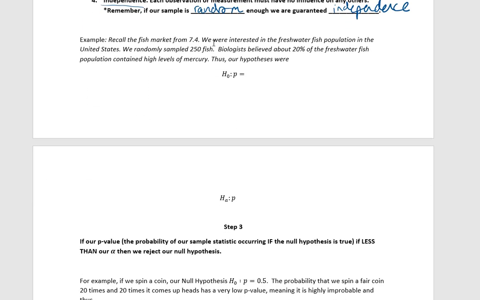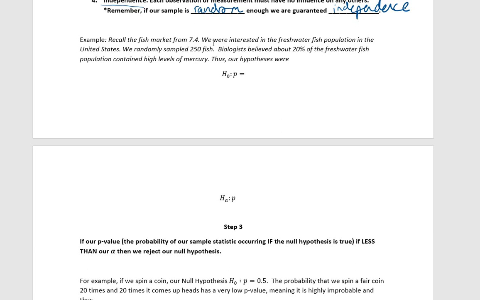So let's take a look at the next example. Recall the fish market from 7.4: we were interested in the freshwater fish population of the United States, and we randomly sampled 250. Biologists believe that about 20% of the freshwater fish population contained high levels of mercury.